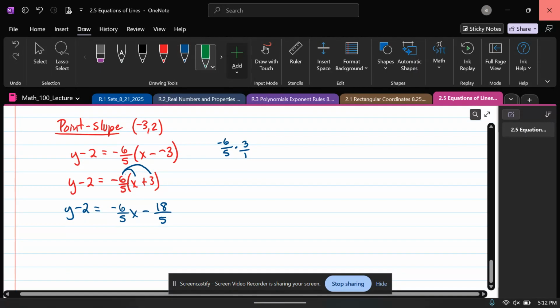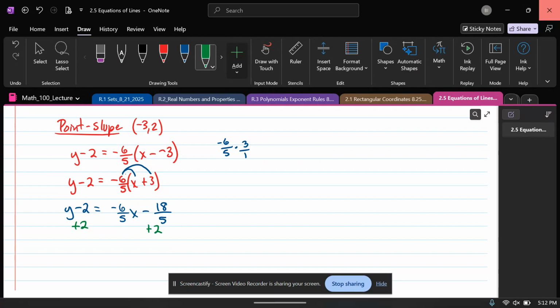Add it. Yeah, I need to add 2. So I'm going to add 2 to that -18 over 5. So that's -6 over 5x, and then 2 is really 10 over 5. So -18 plus 10 would be -8. And there's my slope-intercept form.